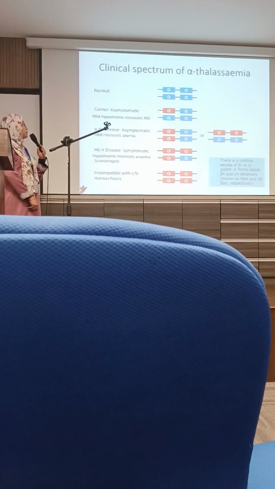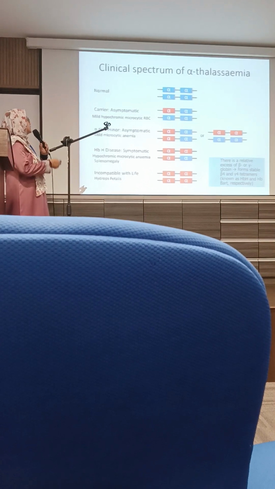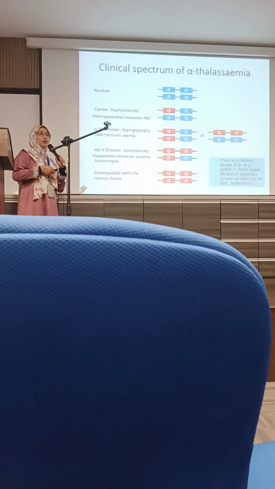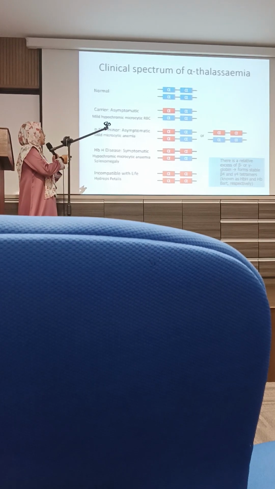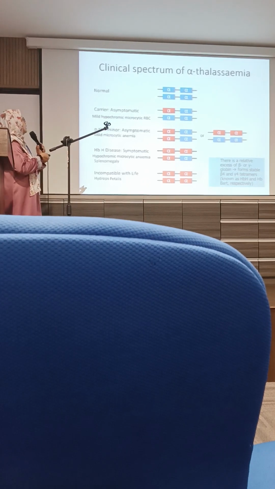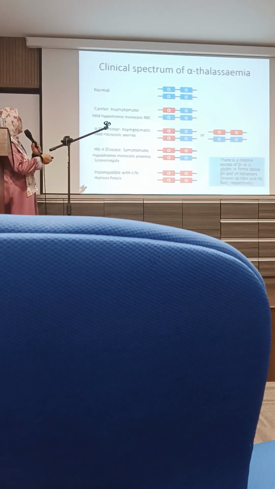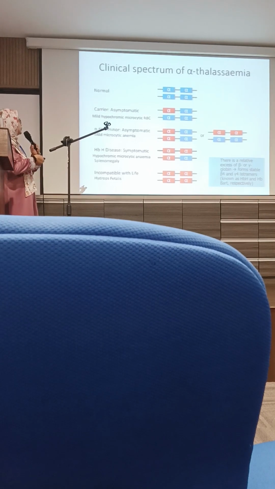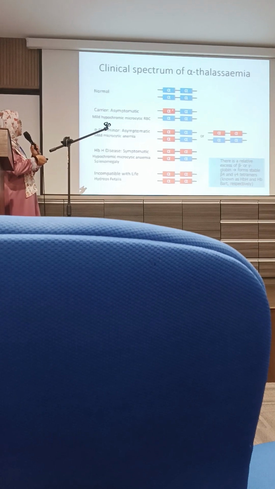So the clinical spectrum of alpha thalassemia, normally kan kita kata ada 2 allele kan for alpha kan. So each allele will have 2 genes. Alpha ada 4. Normally, in normal condition, all are normal lah. In carrier, you will have one gene deletion, and usually they are asymptomatic.